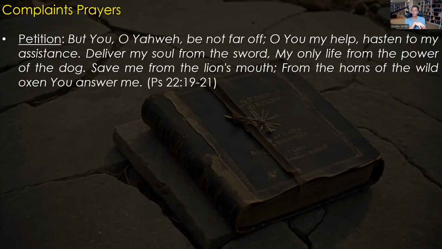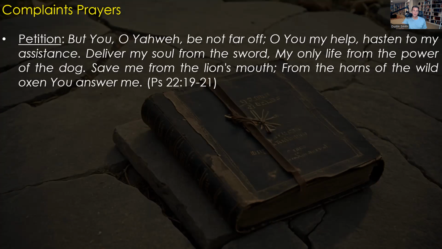And of course, we can see that the opponents are continually described in these heavily poetic descriptions. They are wild oxen, they are lions, they are dogs, and they're just also the sword. The sword, of course, is just a way of describing the person who is holding the sword.